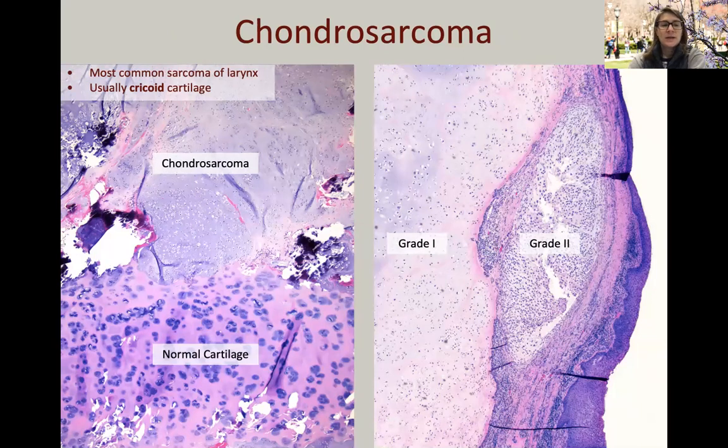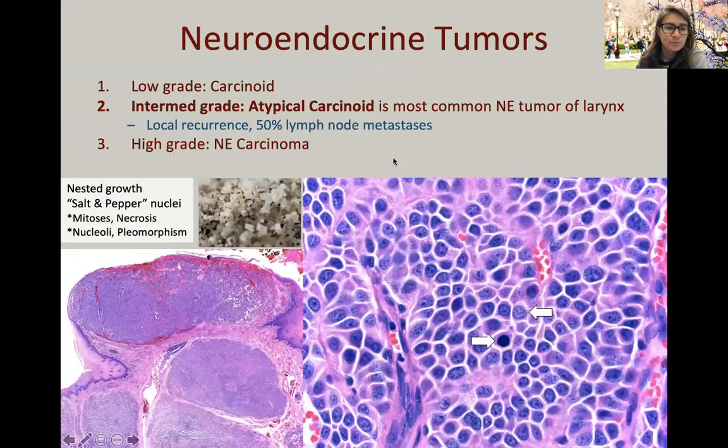This tends to occur on the cricoid cartilage and can in fact protrude into the lumen of the larynx, such that the lumen is narrowed and the patient has stridor, difficulty breathing, etc. Here is normal cartilage on the bottom and the chondrosarcoma sitting right on top of it. Chondrosarcoma is graded mostly according to its cellularity level. In this case, on the left would be grade 1, grade 2 on the right. We don't have an example of grade 3, but that would be increasingly more cellular.